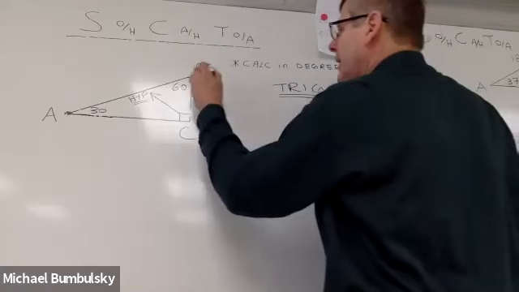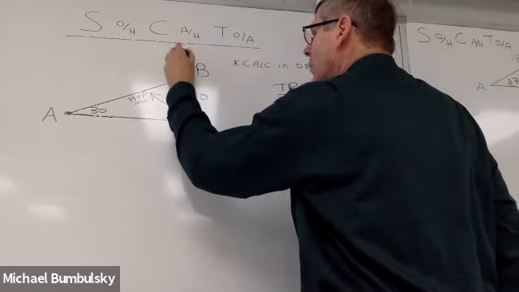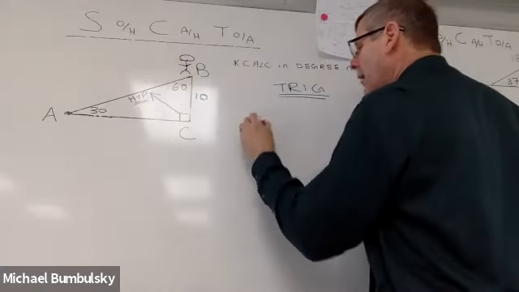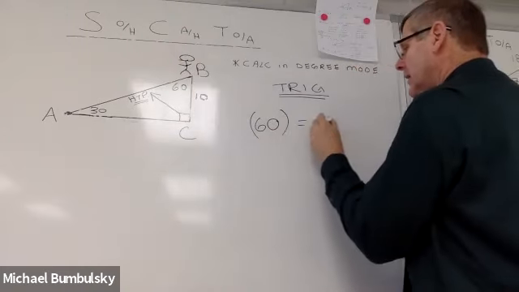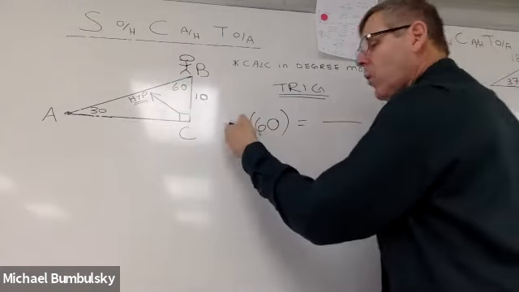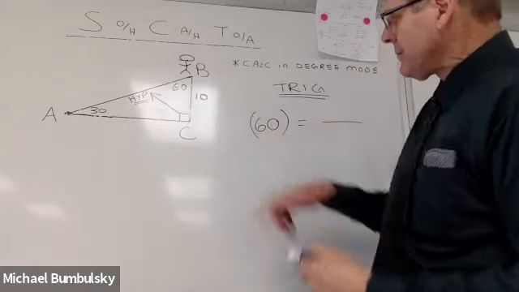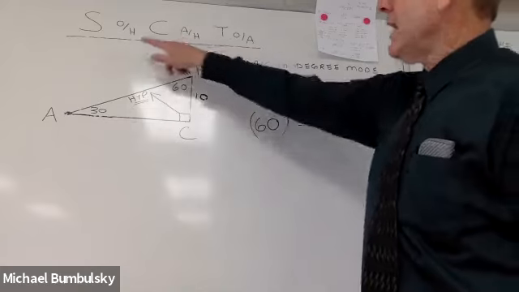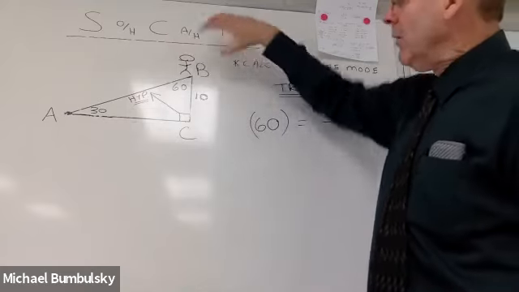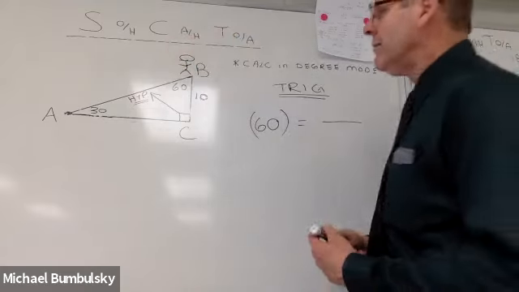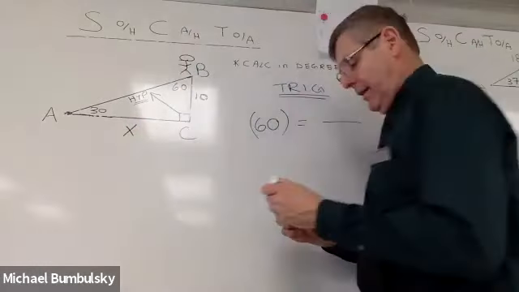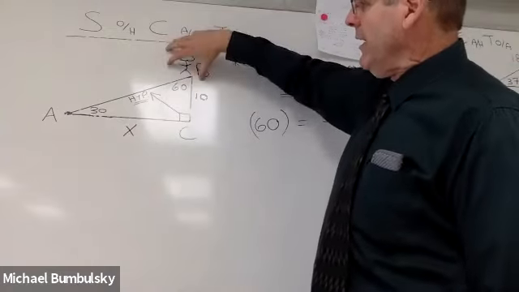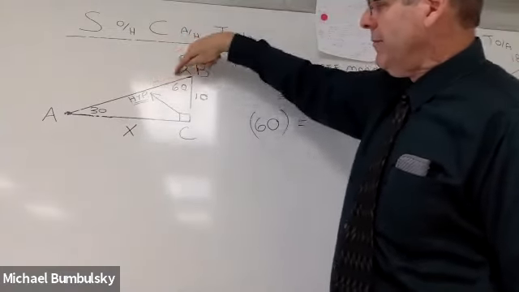B. Okay, I want to stand at B. This is where I'm physically going to stand. So I'm going to have 60 degrees in here, because I'm standing at the 60, and it's going to equal some ratio. What I need to decide now is what goes here: sine, cosine, or tangent. Well, I'm physically standing here. I want to find this length and I know this length. If I'm standing here, what do we call this side?